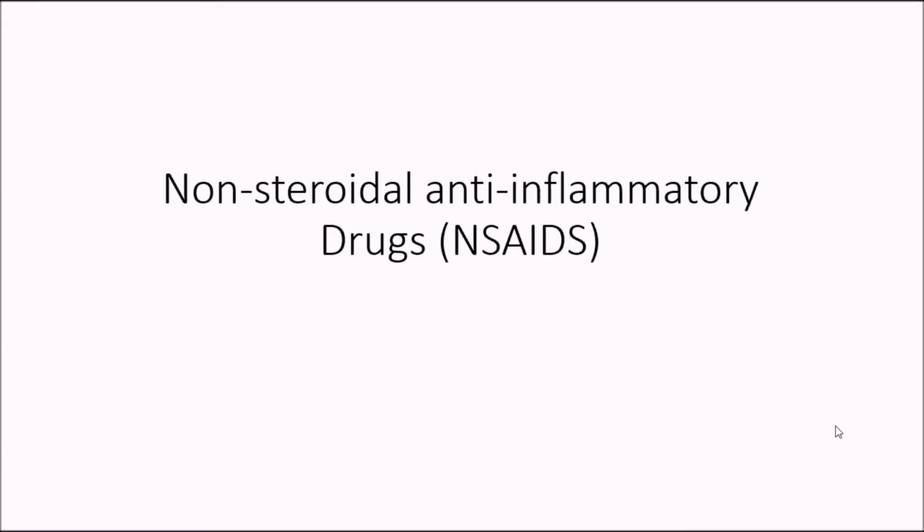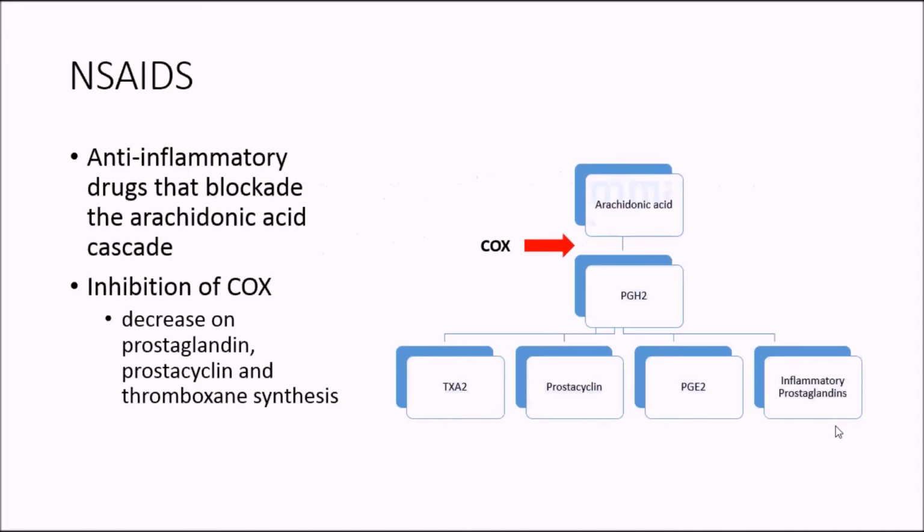We're going to talk about non-steroid anti-inflammatory drugs, NSAIDs. NSAIDs are anti-inflammatory drugs that blockade the arachidonic acid cascade via cyclooxygenase blockade. Cyclooxygenase is the enzyme responsible for cleavage of the arachidonic acid into prostaglandin H2.